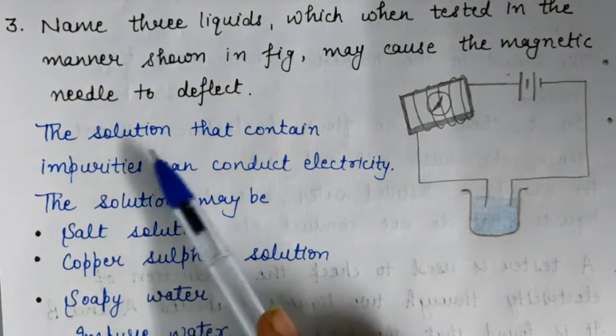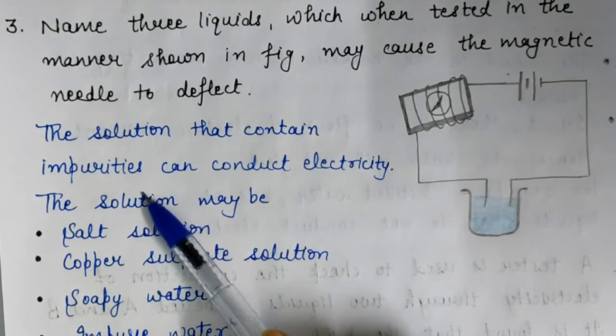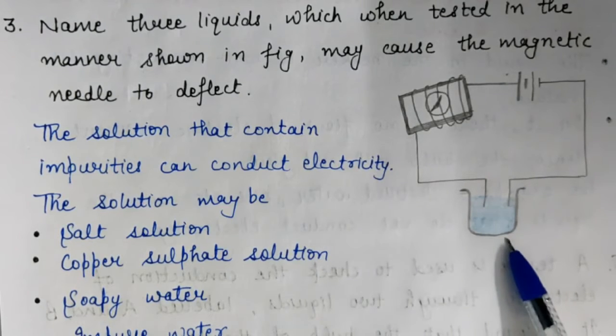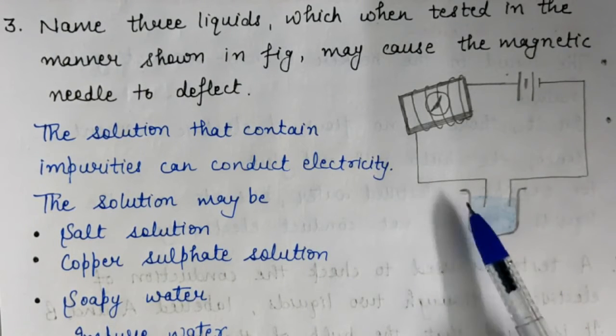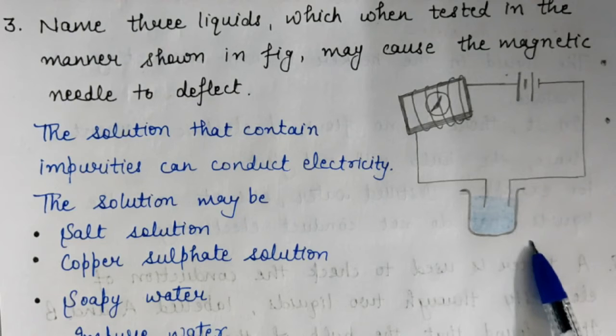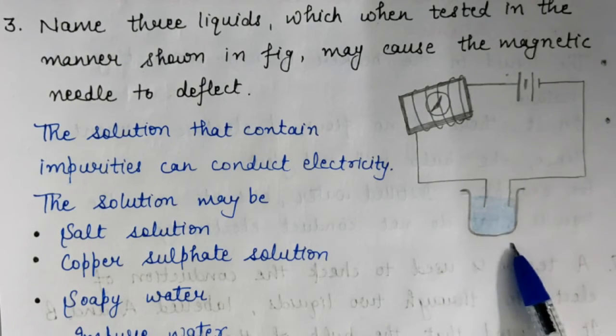So the answer is, the solution that contains impurities can conduct electricity. Suppose if we take a solution in this beaker which conducts electricity, then the magnetic needle shows deflection.